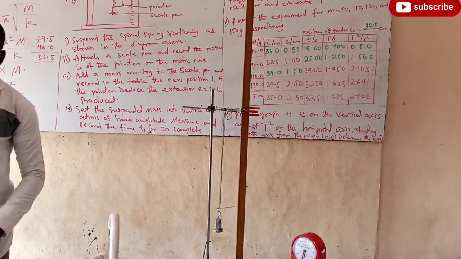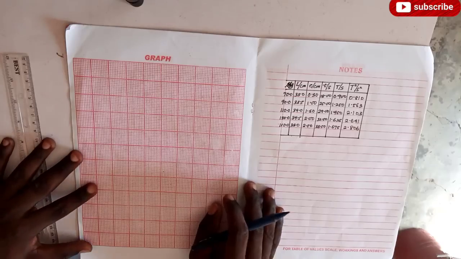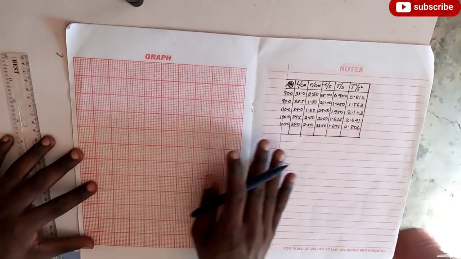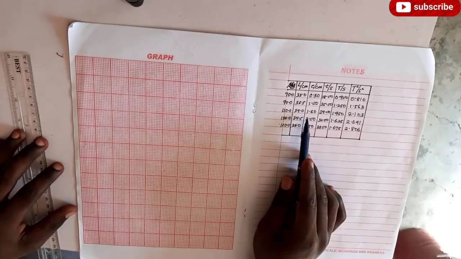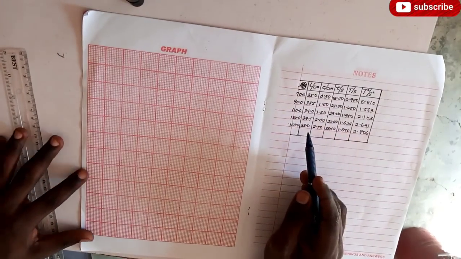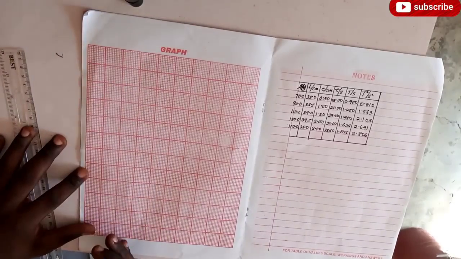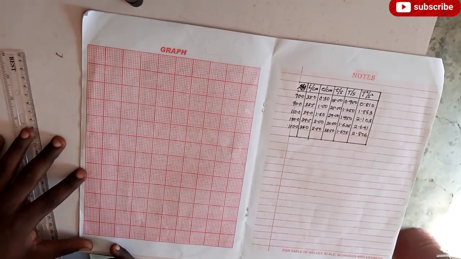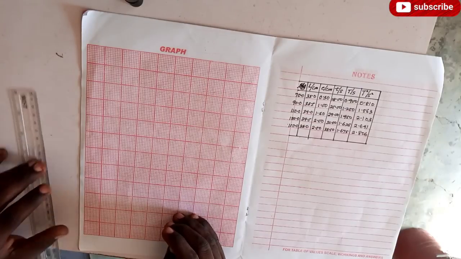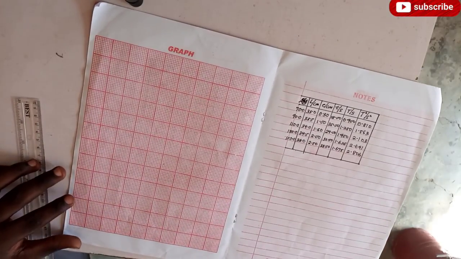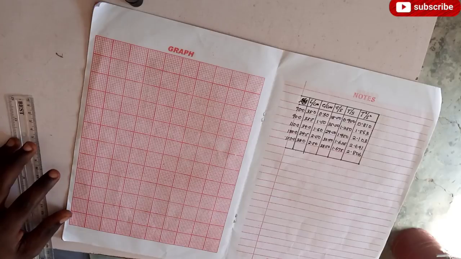So plot the graph now. We are going to look into how to plot the graph. We have to plot the graph of extension against T square. So that is extension on the vertical axis and T square on the horizontal axis. Remember, the rule of graph is that it must cover 2/3 of your graph paper.